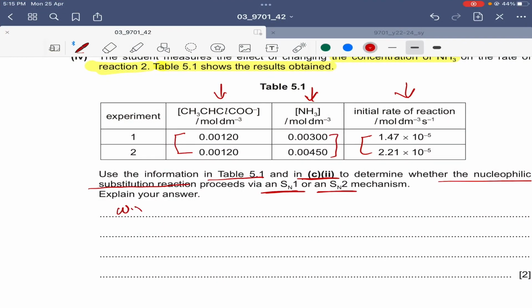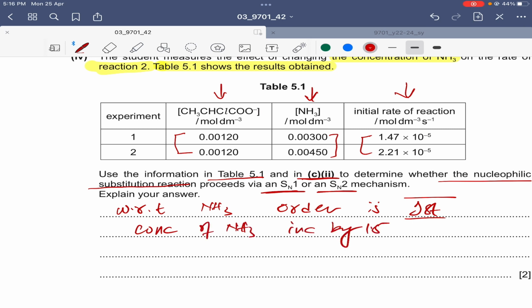With respect to ammonia, order is first, right? Because when the concentration of ammonia increases by 1.5 times, the rate also increases 1.5 times.